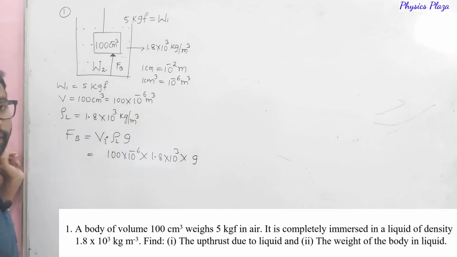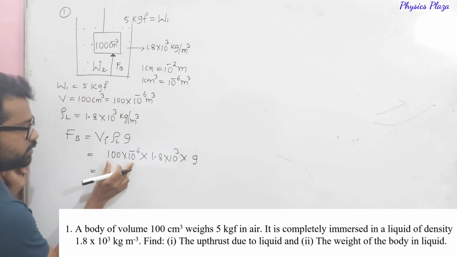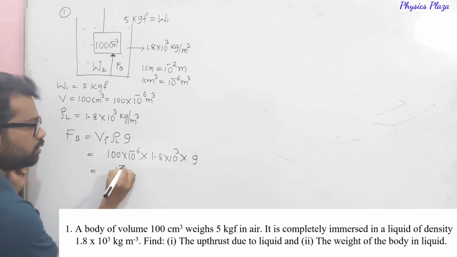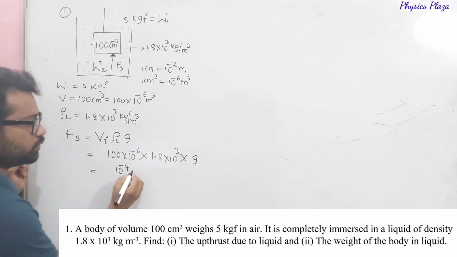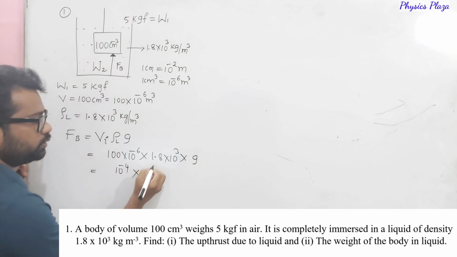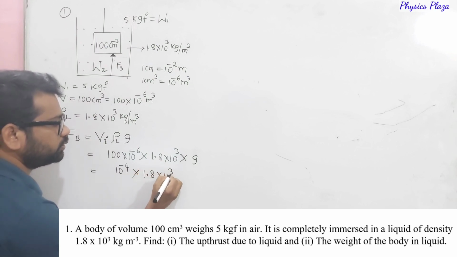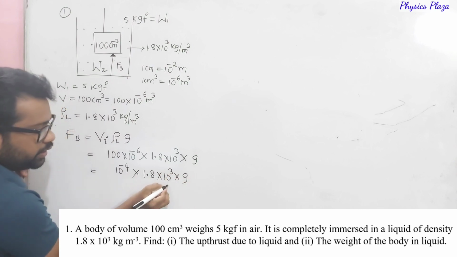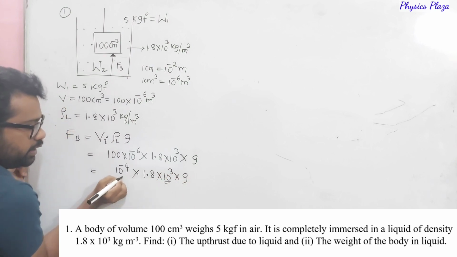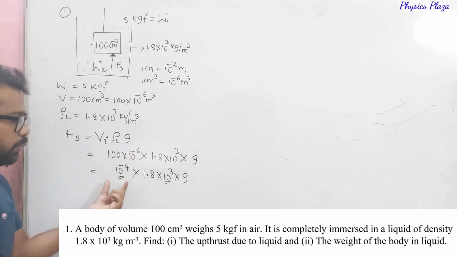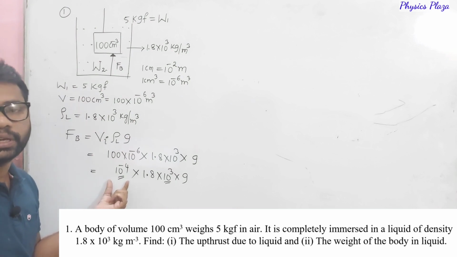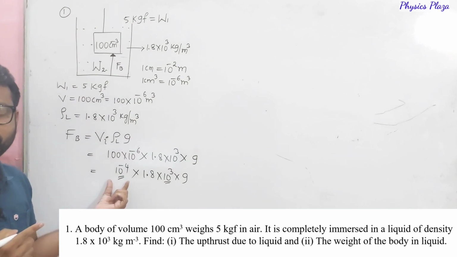Now if you simplify this, how much do you get here? This is going to be 10 power minus 4 into 1.8 into 10 power 3 into g. Here 10 power 3 is there, here 10 power minus 4 is there, so 10 power minus 1 is left.